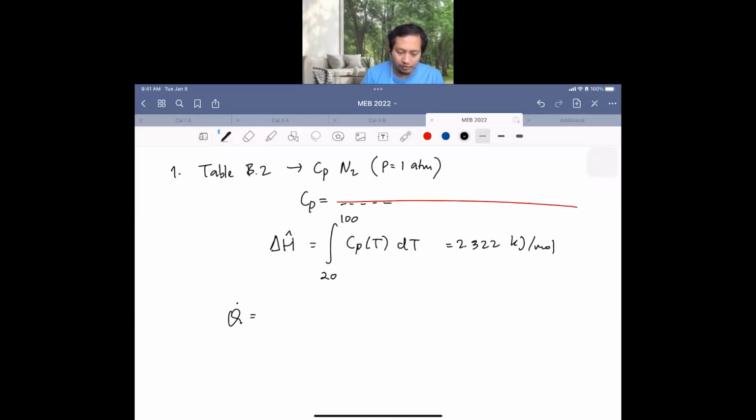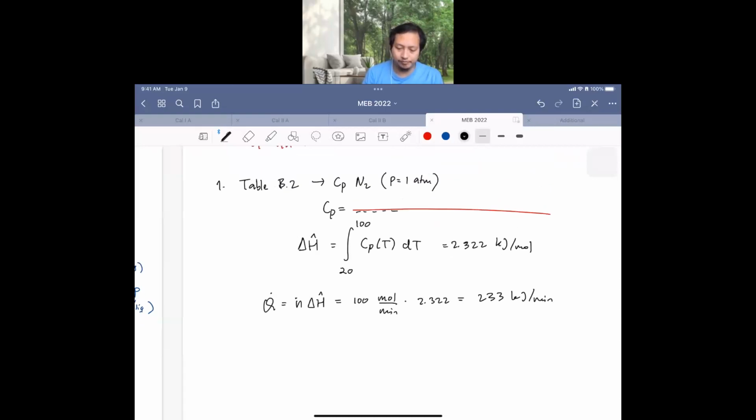The flow Q is n dot times delta H, where n dot is the flow rate. So we have 233 kilojoule per minute.